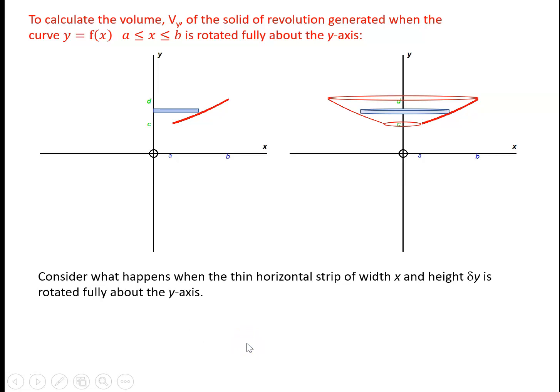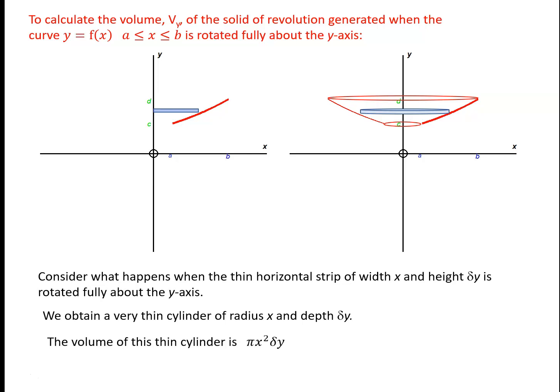When this strip is rotated fully about the y-axis, we're going to obtain a small cylinder whose radius is going to be x and whose height is going to be delta y. So the volume of that little cylinder is going to be pi times x squared times delta y.